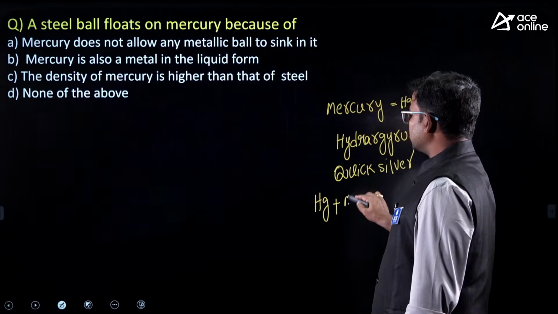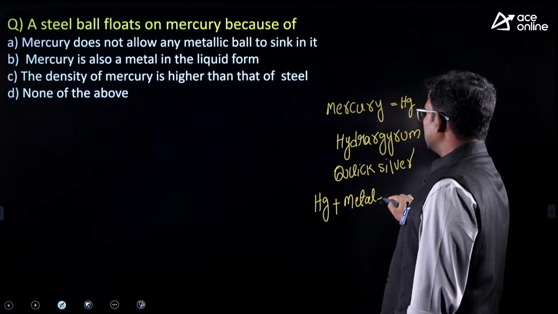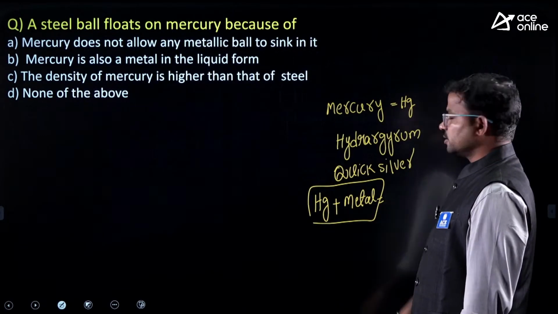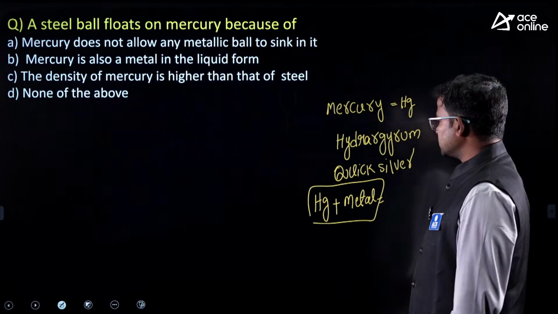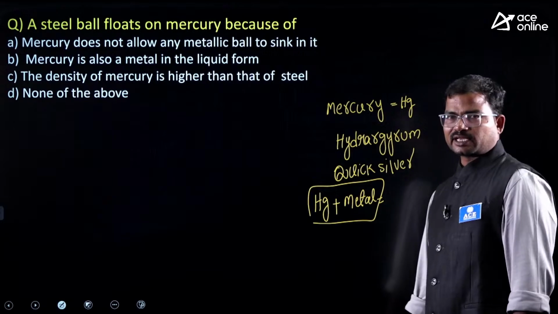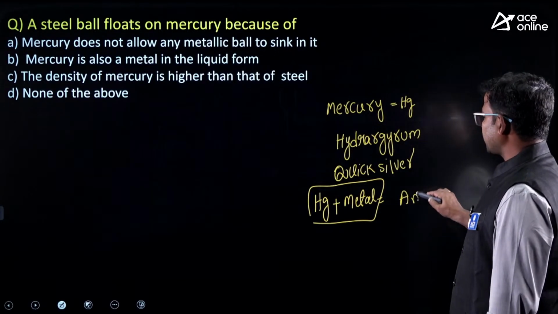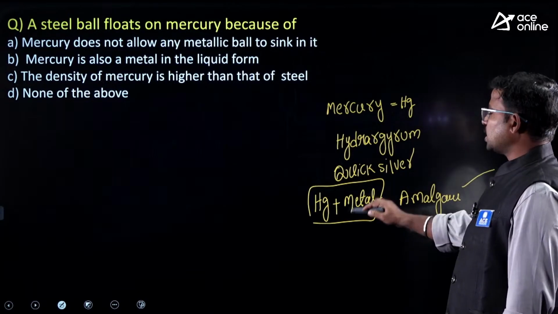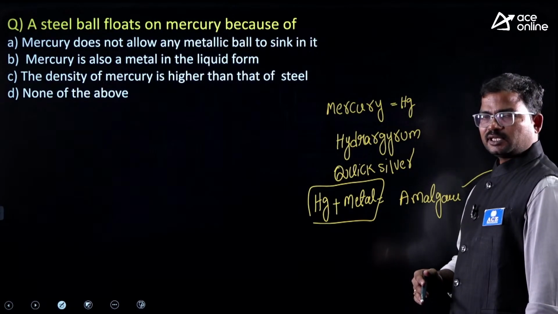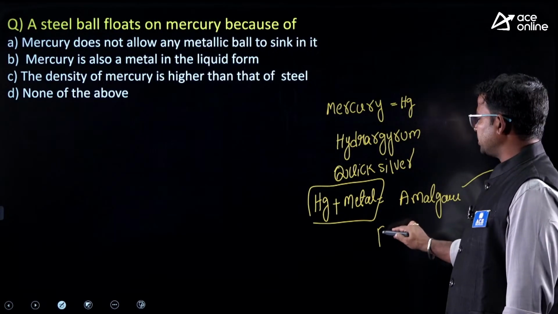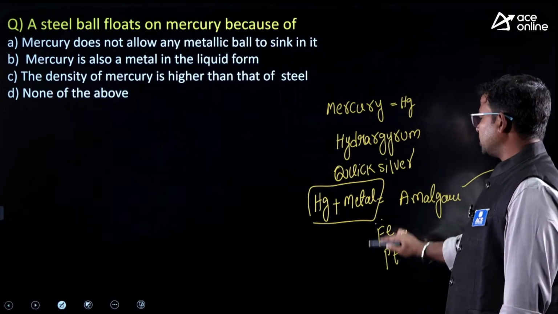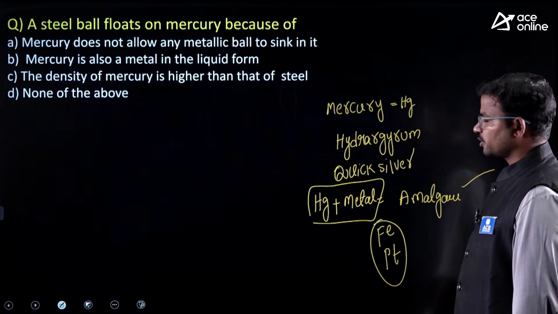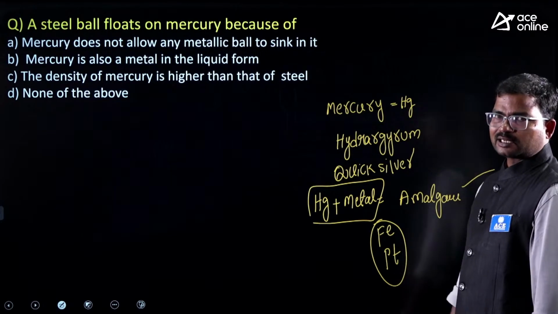When mercury reacts with a group of metals, we get an alloy. What is the name of a mercury alloy? Amalgam. You should also remember that mercury can react with almost any kind of metal except iron and platinum only. So with these two elements it does not produce any amalgam derivative.